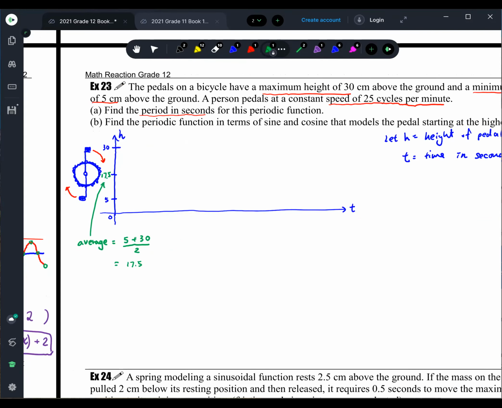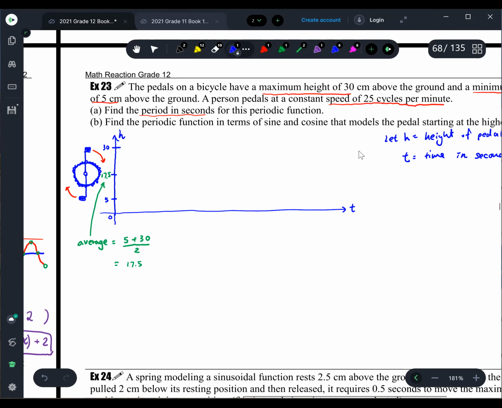So now next thing. Can we move on to the next part? Can you raise your hand if you understand how to get the average here? All right, so next thing we need to talk about is the time, right?